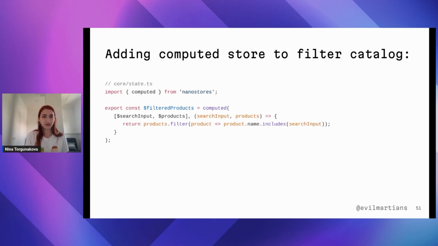When any of the stores in the list are changed, we will invoke the callback function. And in our case, this function just filters our values, our products, by the value that is typed inside our search input.